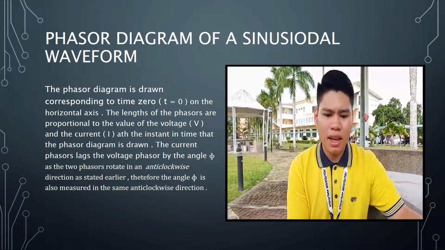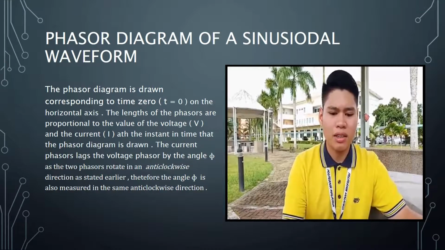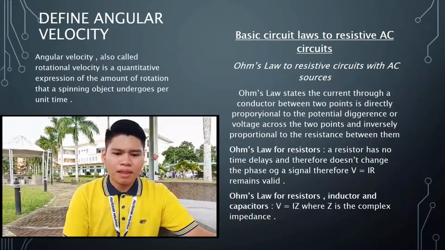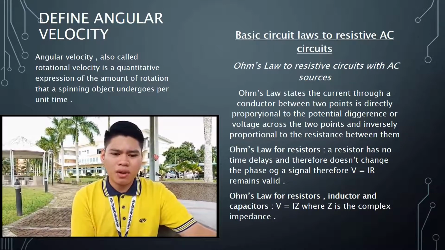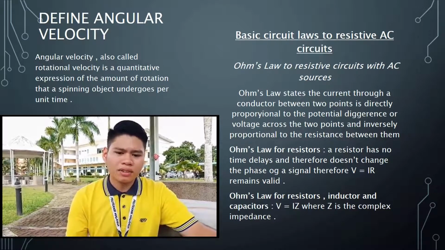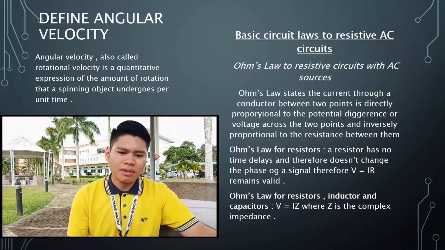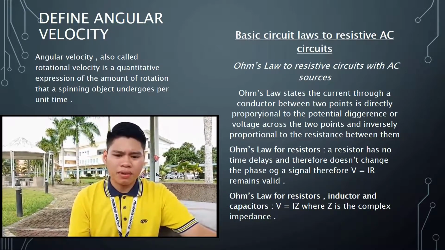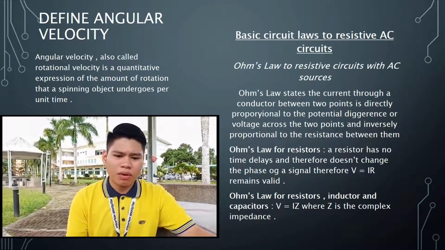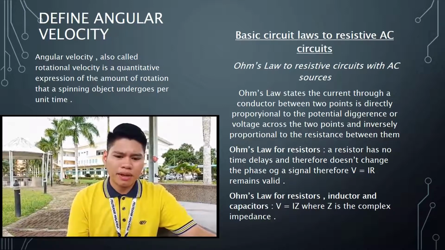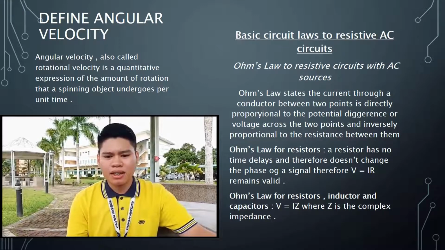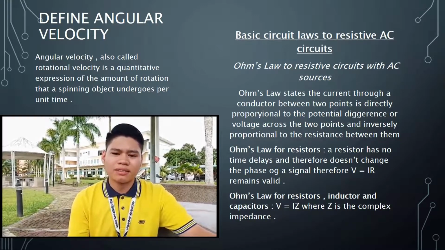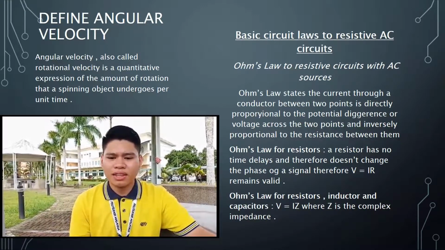Ohm's law states the current through a conductor between two points is directly proportional to the potential difference, or voltage, across the two points, and inversely proportional to the resistance between them.